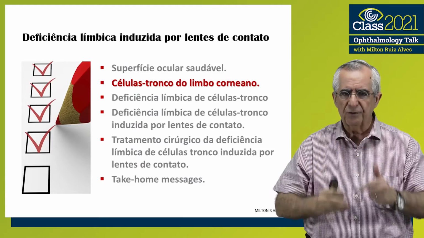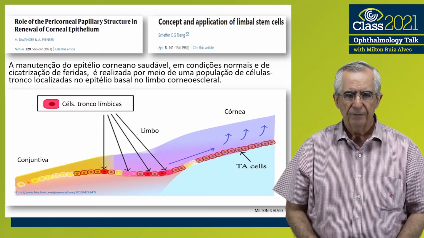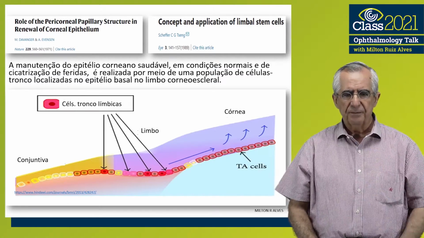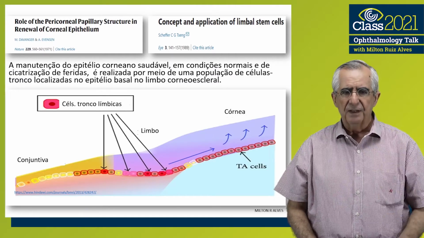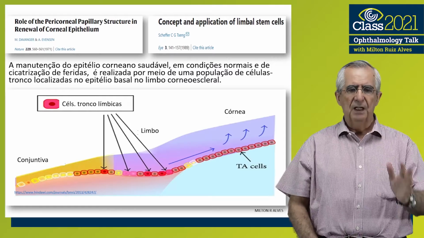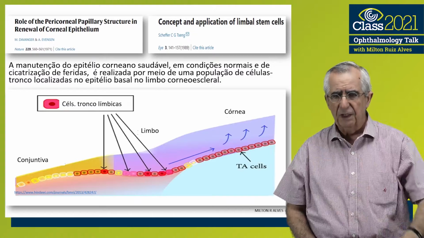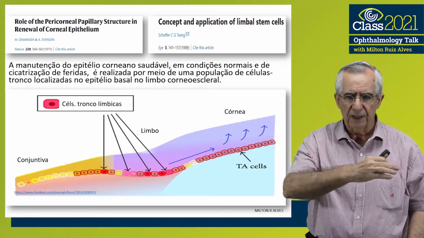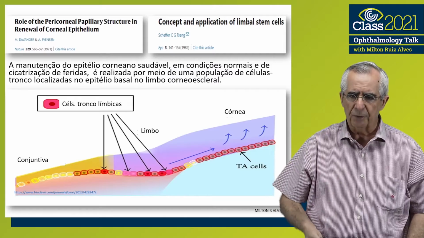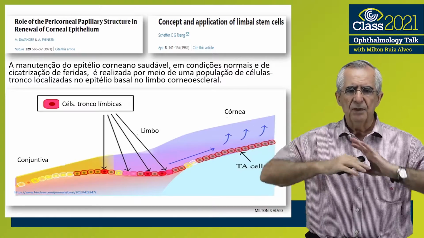Here are some aspects I want to emphasize in relation to limbal stem cells. Again, the stem cells are in the limbus, in the crypts of the Vogt palisades, and they divide, and one becomes a new stem cell, and the other a transient amplifying cell, and it makes the centripetal migration and becomes a postmitotic cell, and then a terminal transient cell and desquamation.